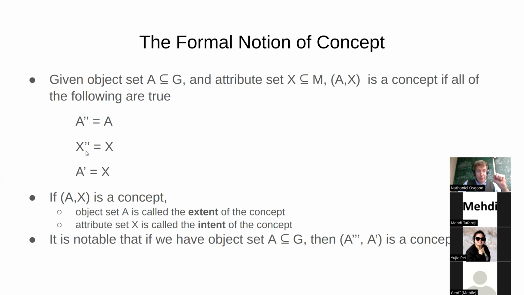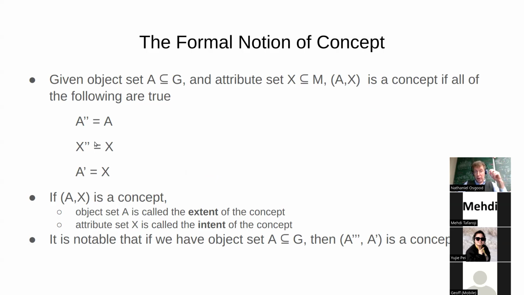And if we have a set of attributes, I should have said the concept is a pairing of an object set and an attribute set. And so I just emphasized the property for this to be a concept within our lattice. A concept is distinguished by the fact that the object set is the maximum one that has those shared features.